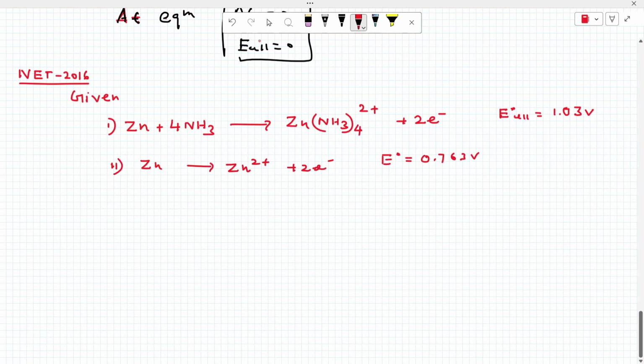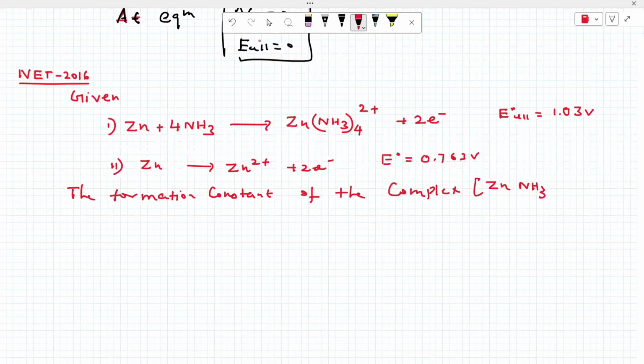Find the formation constant of the complex, that is Zn(NH3)4 2+.